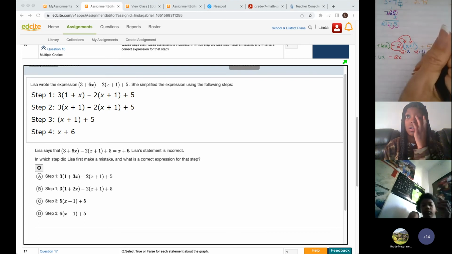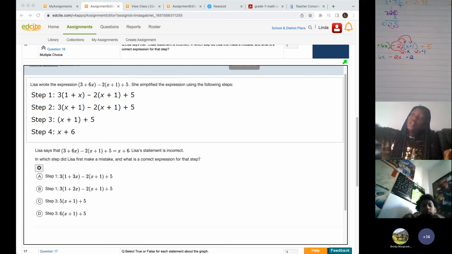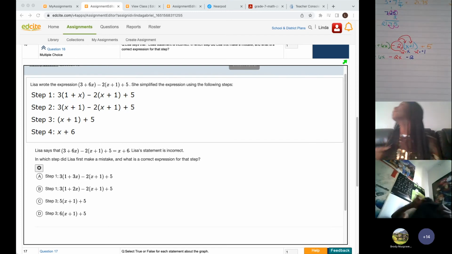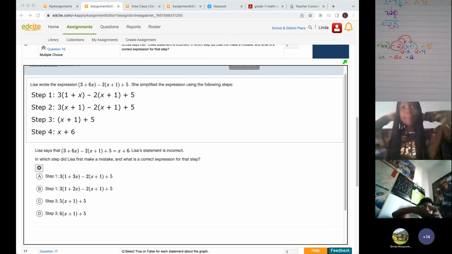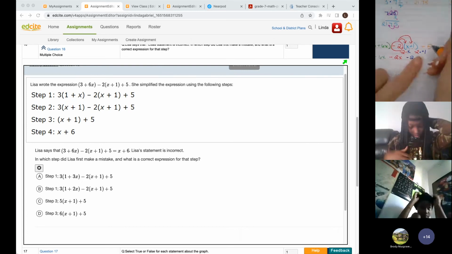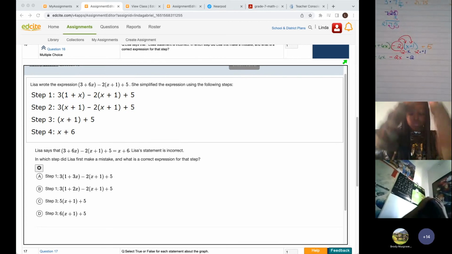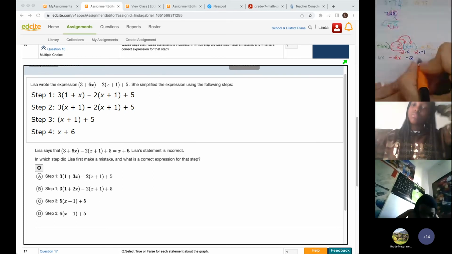Then I have negative 2 times positive 1, so that will give me negative 2. Right? From our rule, if we have a positive and a negative, we multiply them, we will always get negative. And then my plus 5, there's no math I need to do, right? There's no division, addition, subtraction right here. It's good. There's plus 5.